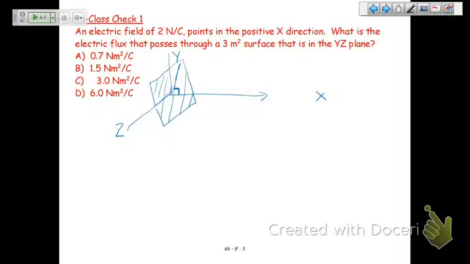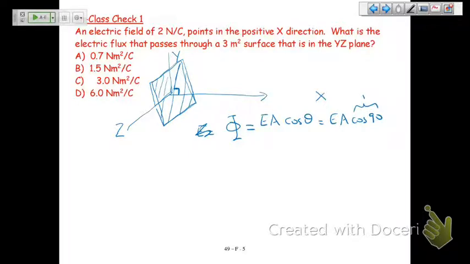So my area is perpendicular to the surface. Then I can say flux is equal to E times A, because they're perpendicular to each other. If you like, I can say E A cosine theta, which equals E times A times the cosine of 90, which is 1.